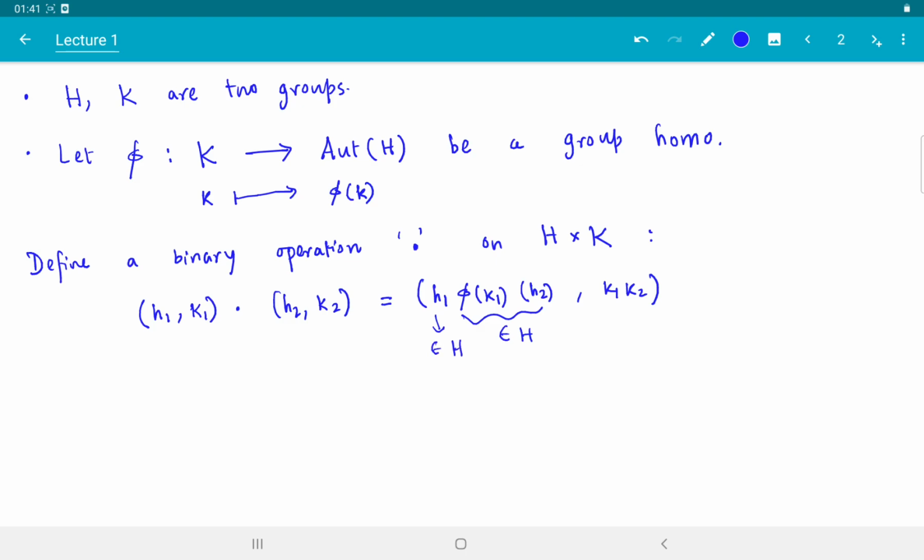So we can take the product in the group H. Okay, it makes sense. Now you can check that this operation is associative.